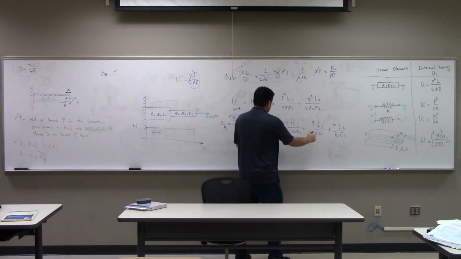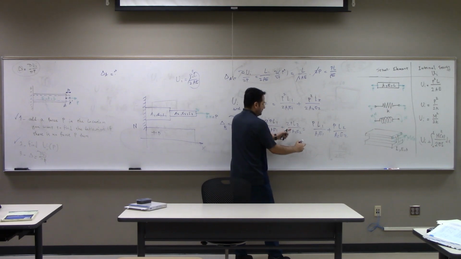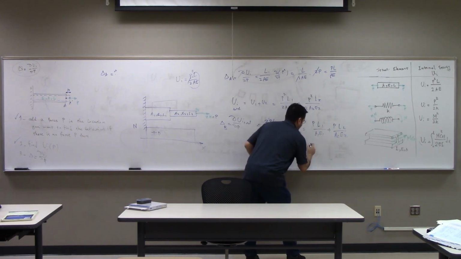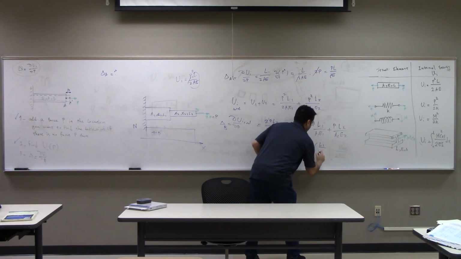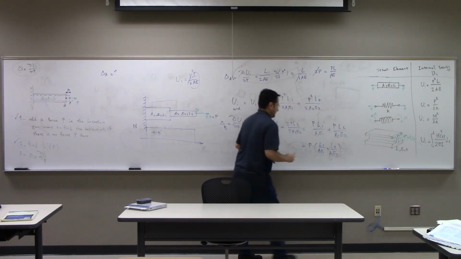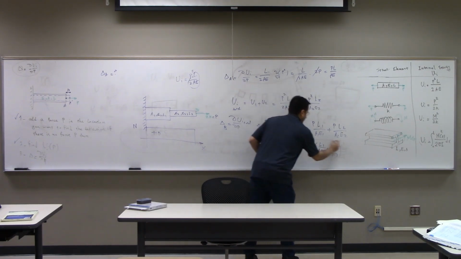Which you can write as P times (L1 over A1E1 plus L2 over A2E2). So that's your formula for deflection.